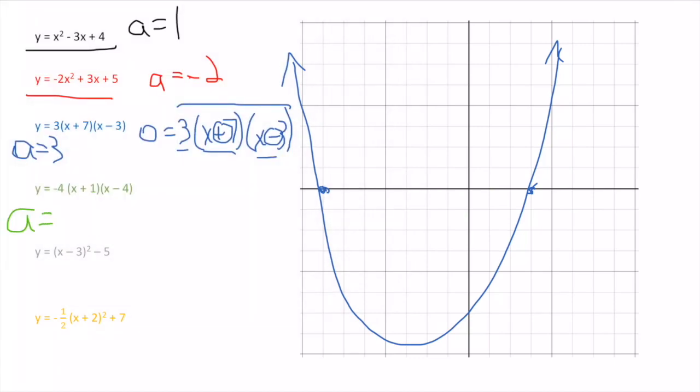So here a equals negative 4, so it's opening down and it's skinny. And then again, my roots end up being negative 1 and positive 4. So remember that in factored form, we always have to flip that sign.